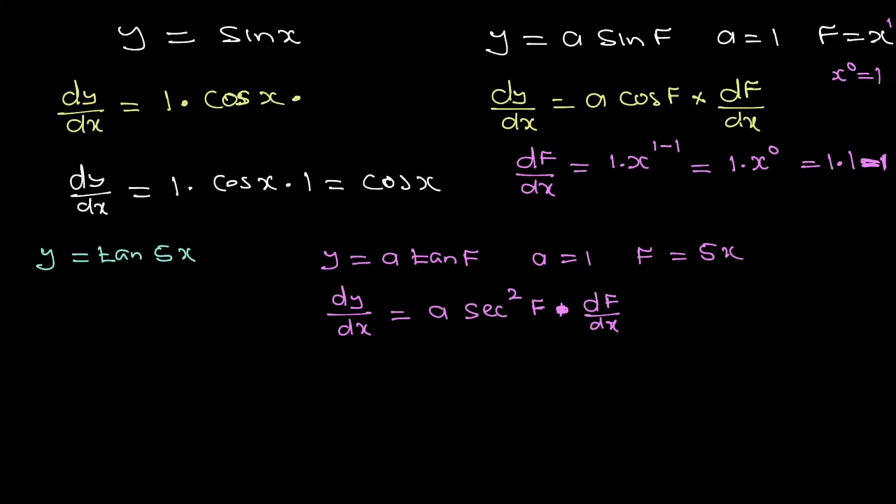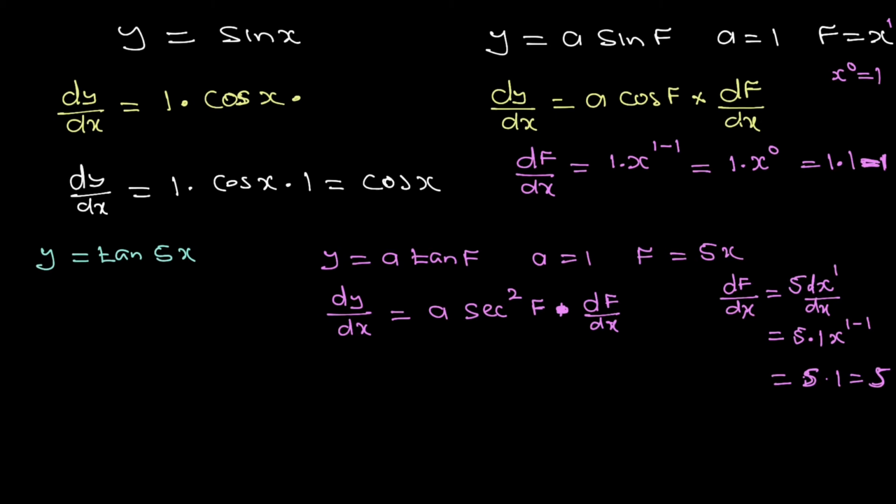But we know what df/dx is. df/dx is basically d of 5x to power 1 over dx, and that will be 5 times 1, x to the power 1 minus 1, and that is 5 times 1, which is 5. So df/dx is 5.